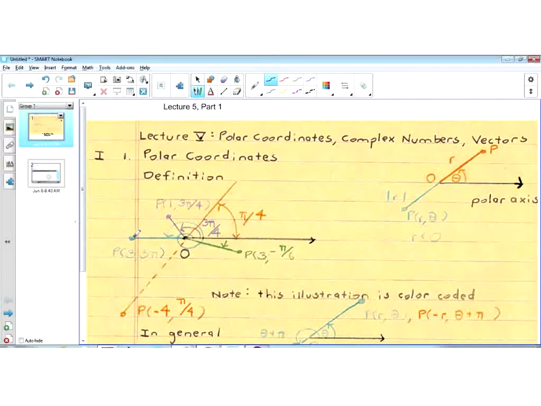The blue point was obtained by starting at the polar vertex, going out 3 units along the polar axis, and then rotating counterclockwise 3 pi radians. So you take this radial arm of 3 units, rotate it counterclockwise 3 pi radians, and you'll end up at this place in space. And so the coordinates would be 3, pi.